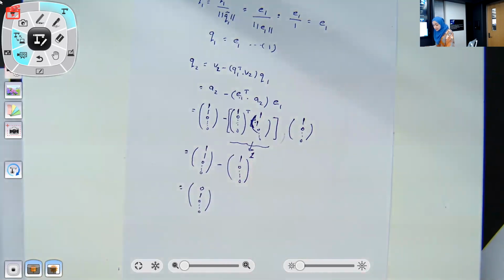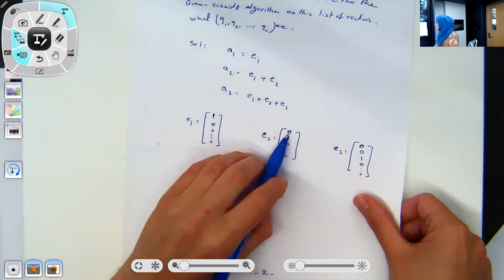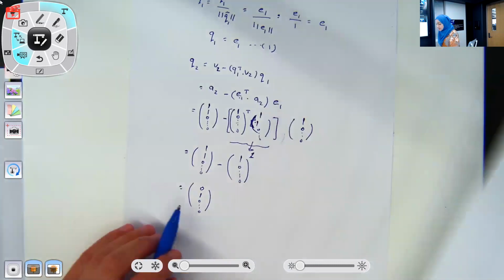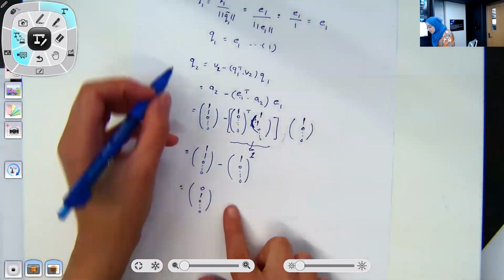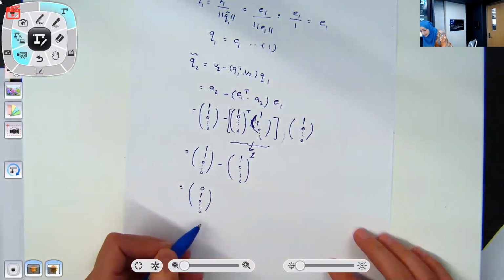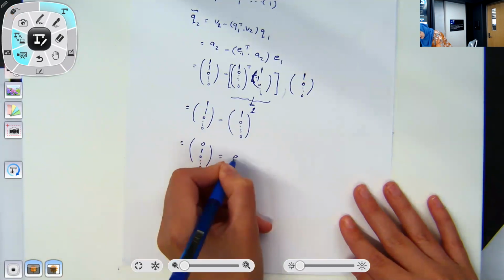And we defined the vector E2: the first row is 0, the second row is 1, and the rest is 0. It's similar to what we get here in q2 tilde, which is 0, 1, and the rest is 0. So we can say this is equal to E2.